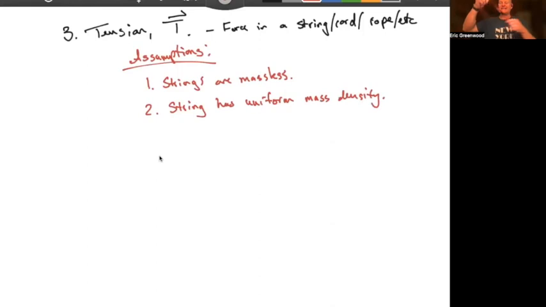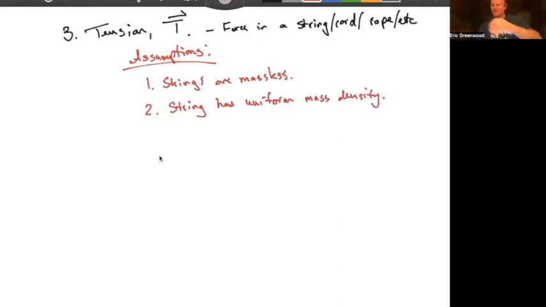Even though it's massless, we're basically going to assume that everywhere along this string it has exactly the same mass per length, which means that it won't stretch and it won't change mass density. I don't have an overdensity in one place and an underdensity in another, which basically means that anywhere along the string, the tension throughout the string will be exactly the same.